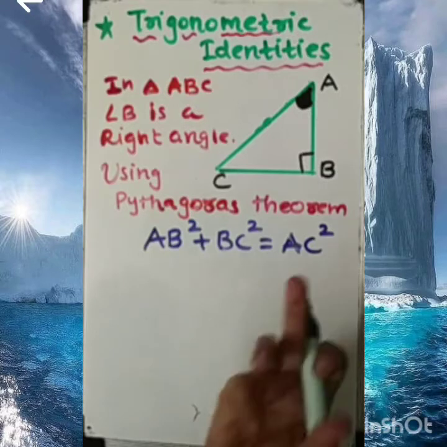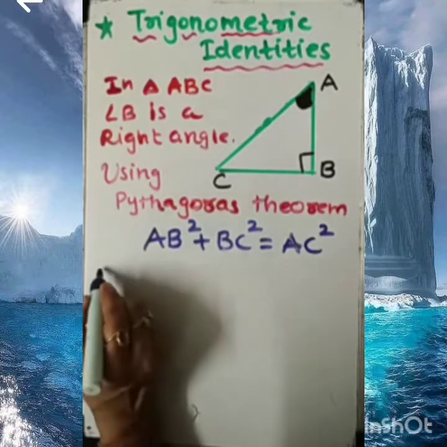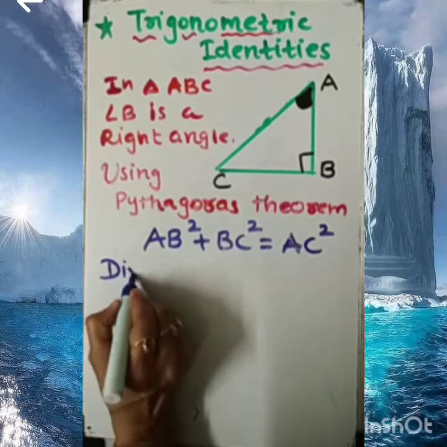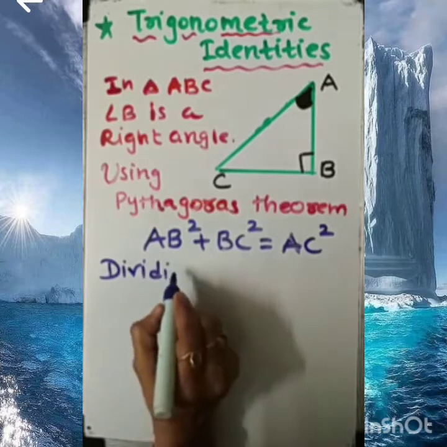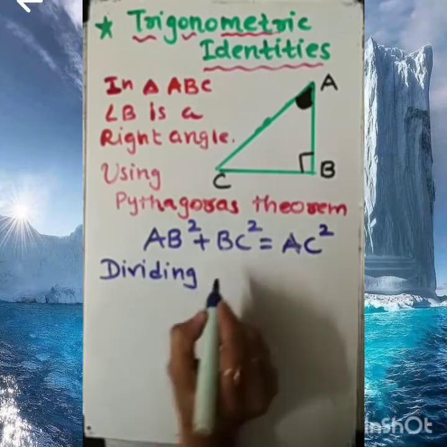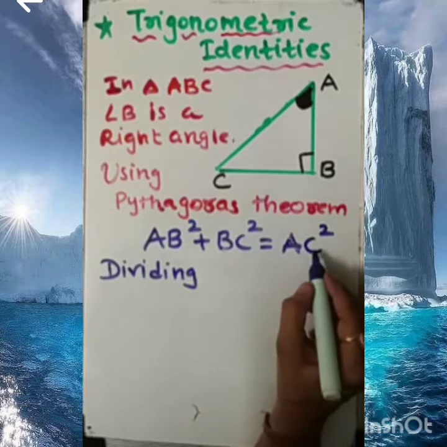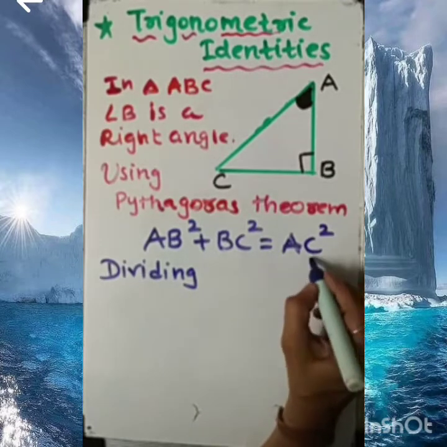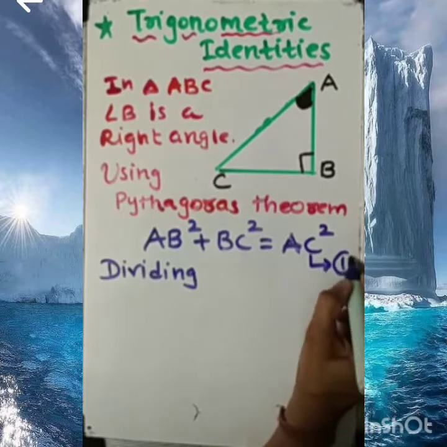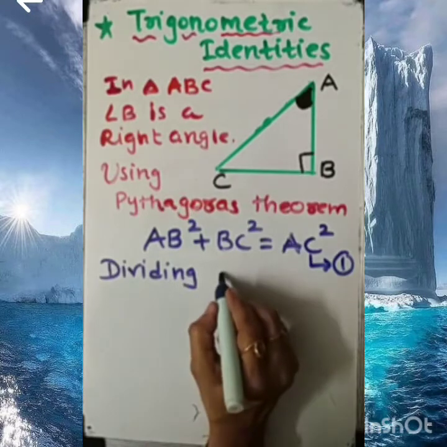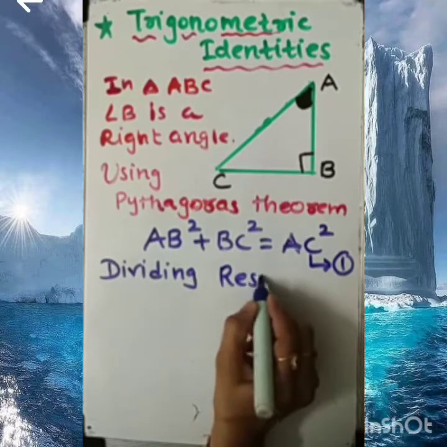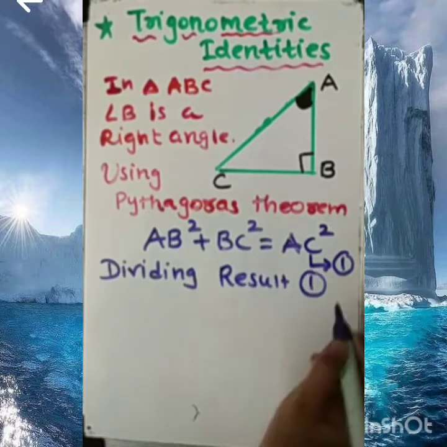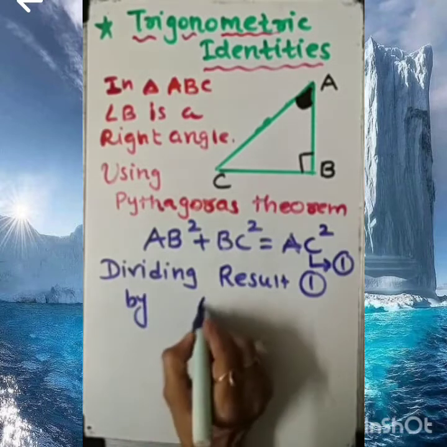Now what I am going to do in the next step, please remember this step, very easy. I am going to divide this result. Let me call this result number 1. Dividing result number 1 by AC square.